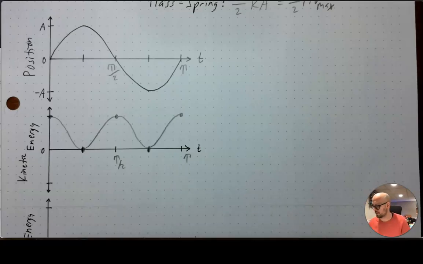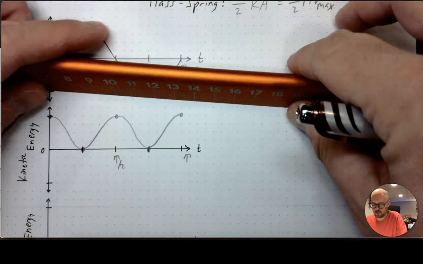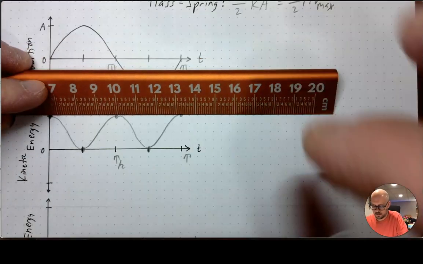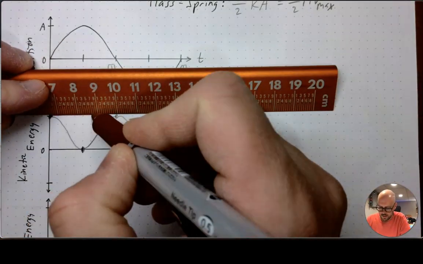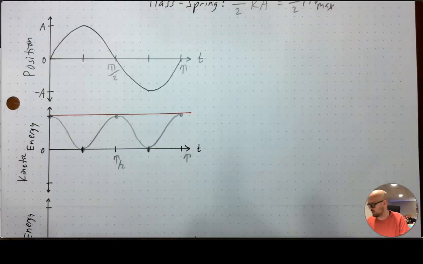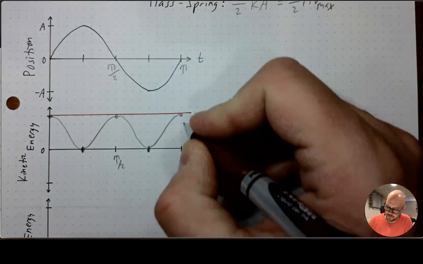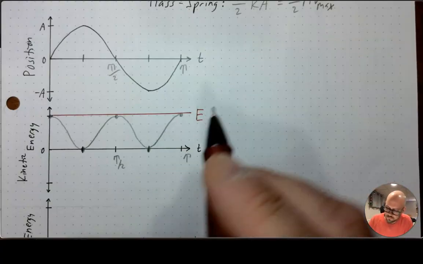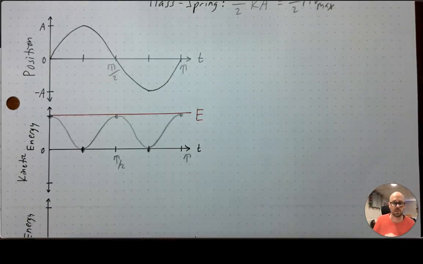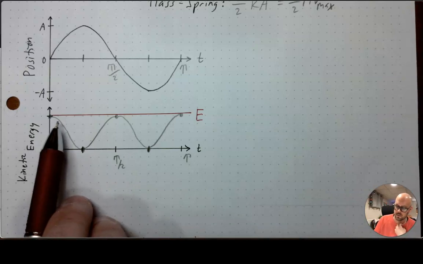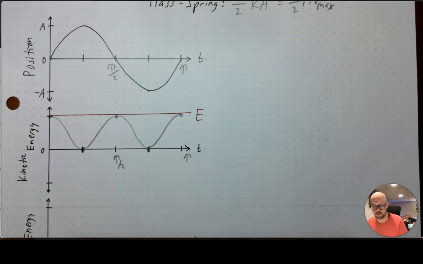Now that sets up something very important. We talked about maximum kinetic and maximum potential energy. This line that I'm going to draw, which is at the peaks of this graph, represents the mechanical energy. And I totally did not draw a flat line, but it's close enough, and you're going to believe me that this line represents the mechanical energy of that system.